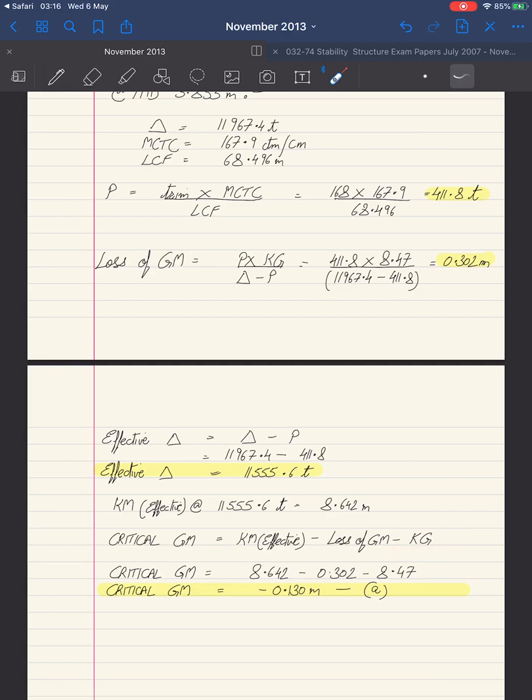When we input the values, the KM effective was 8.642 meters, loss of GM was 0.302 meters, and KG of the vessel was given in the question as 8.47 meters. So critical GM was found to be minus 0.130 meters. This is the final answer as required by part A.